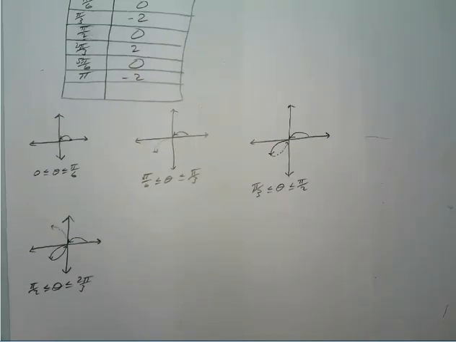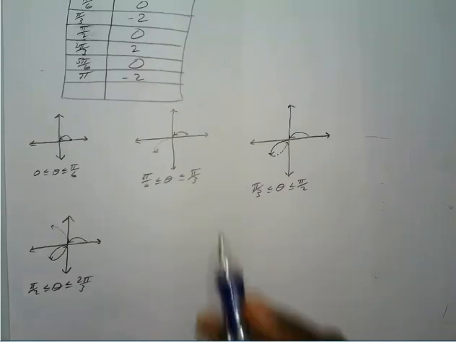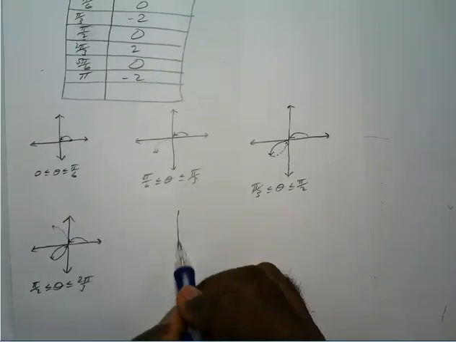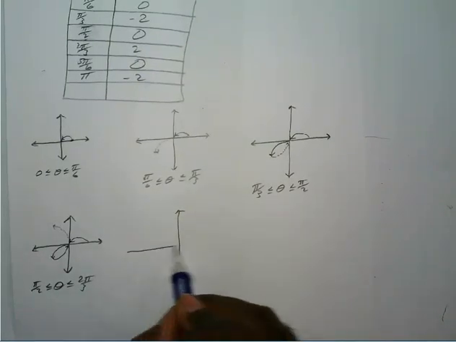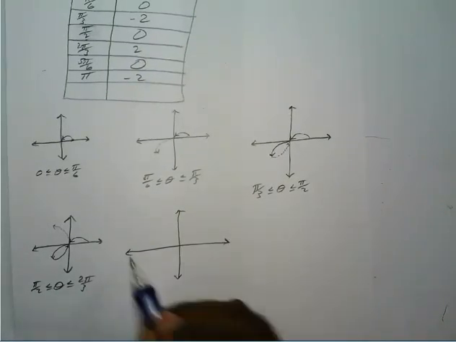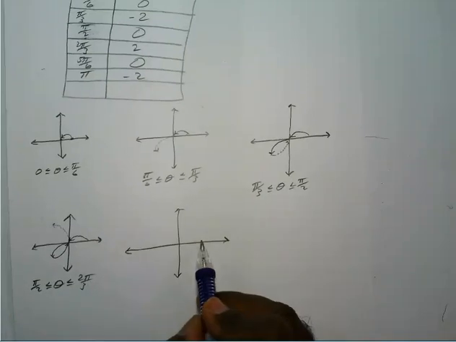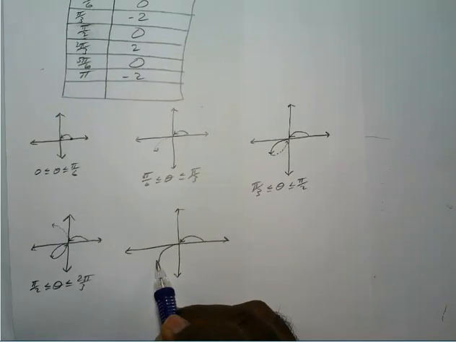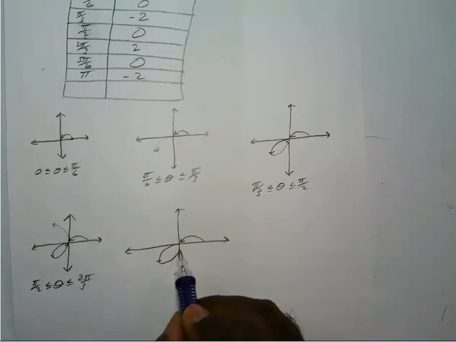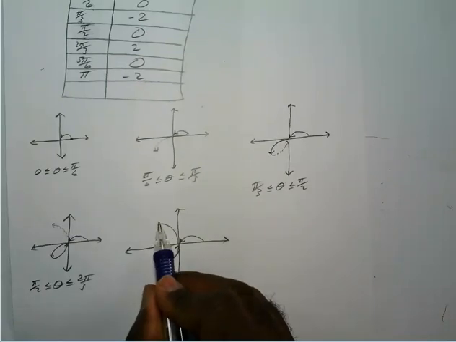Okay, so what about 2 pi over 3 to 5 pi over 6? Okay, so starting where we went, remember that's our first graph. That's our second graph. That's our third graph. That's our fourth graph.